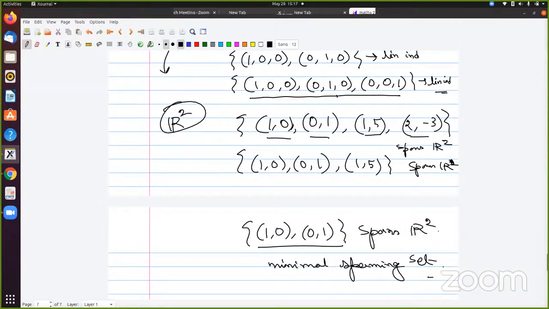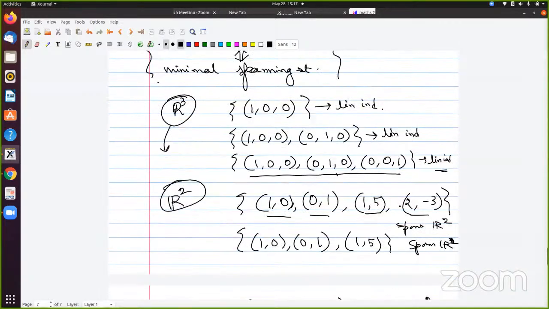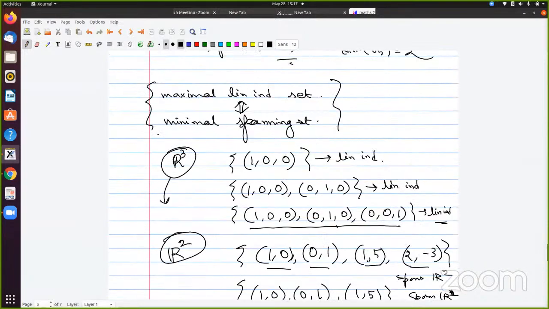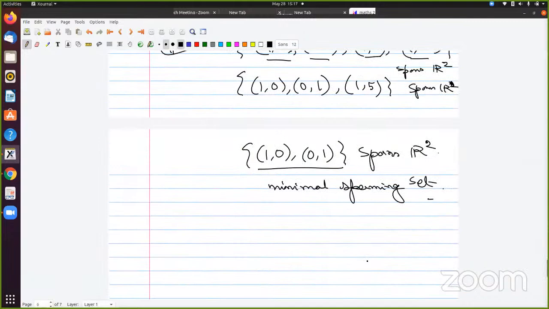In R3, what will that be? 3. Exactly. Clear? Okay. Now, why are we doing this? Suppose in R3, you are given a set V1, V2, V3. You know this is linearly independent.